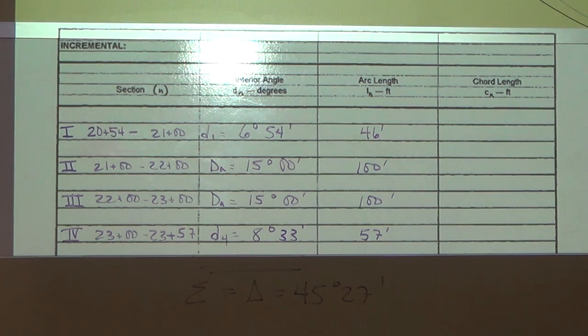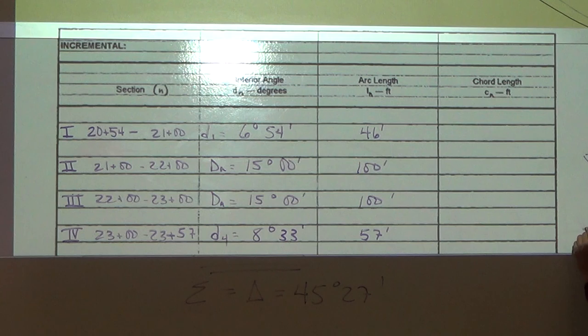Okay, chord length. Now, how do we calculate the chord length? Well, here's my delta over 2. Here's my R. And here's half of the chord length.